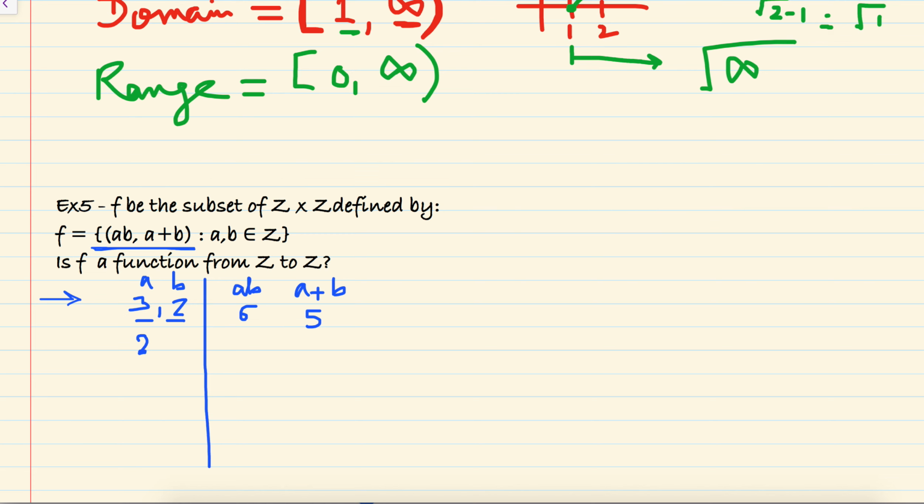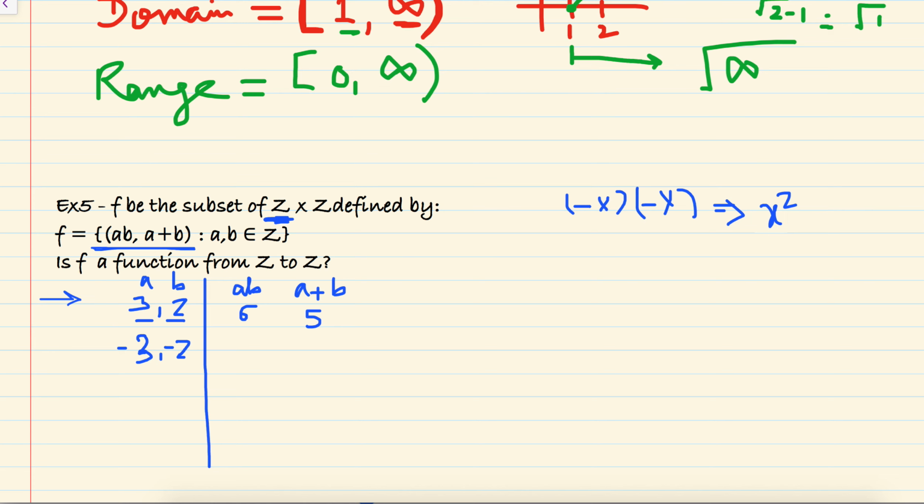But let's take negatives of these. We know that negative x times negative x will become plus x square. So if we multiply two negative numbers, we will get a positive number. So if we take minus 3 and minus 2, minus 3 and minus 2 also come under this Z. So this can be any integer, positive or negative.